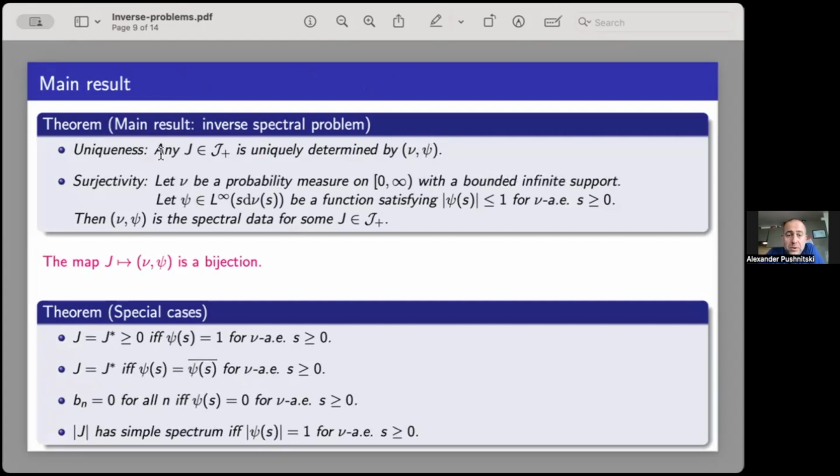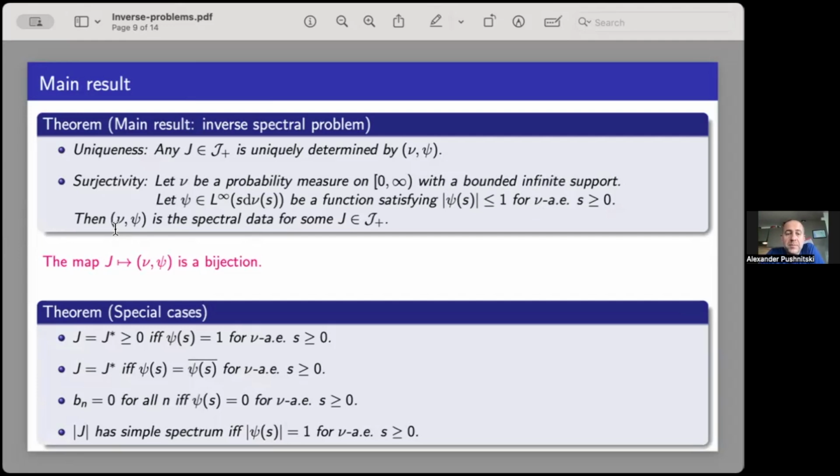Moreover, more surprisingly, we have surjectivity. Suppose we have a probability measure on the positive half line with bounded infinite support. Remember, infinite support means it does not reduce to finitely many point masses. Suppose psi is any function in L2 with respect to this measure, and it satisfies this: it's less than or equal to 1 almost everywhere with respect to measure nu.